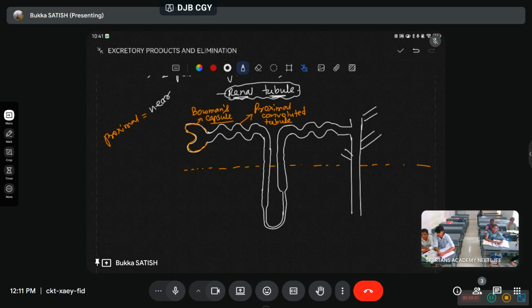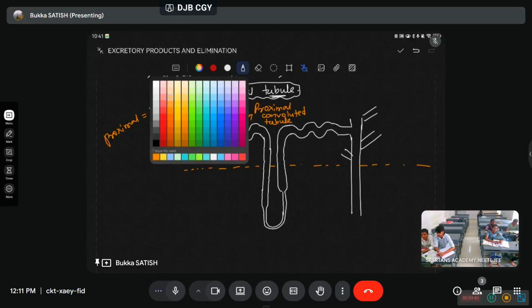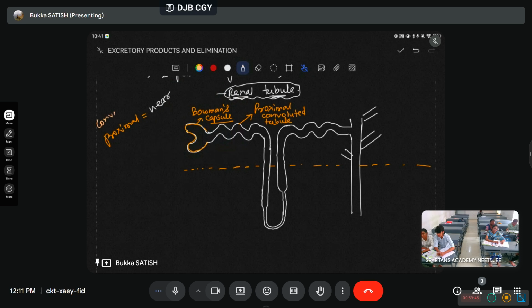When we are talking about the convoluted tubule, what is meant by convoluted? Coiled. If something is highly coiled, the technical term is convoluted. Right, convoluted tubule because it is highly coiled.